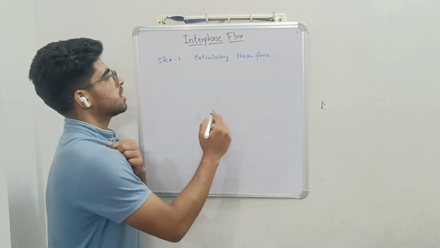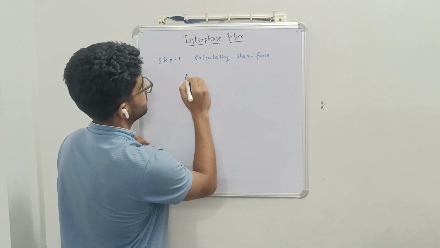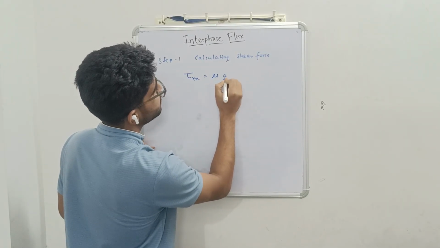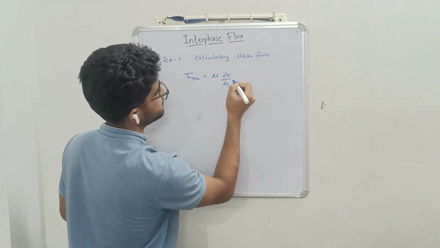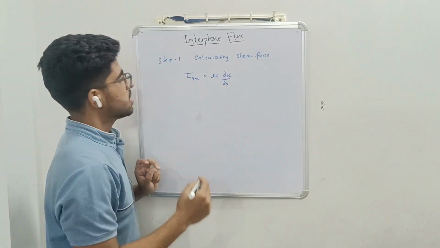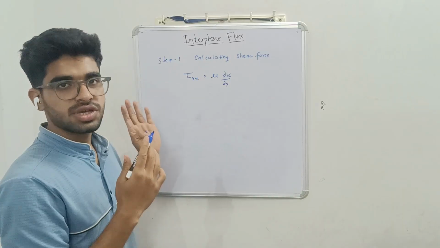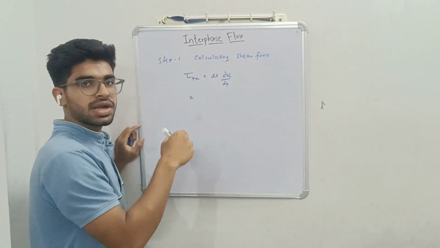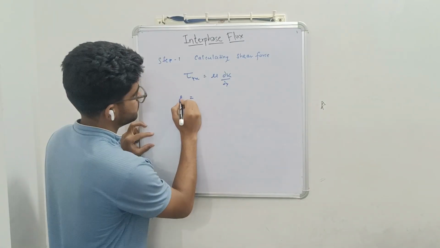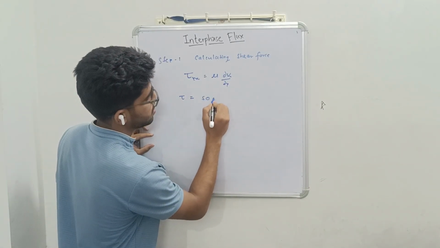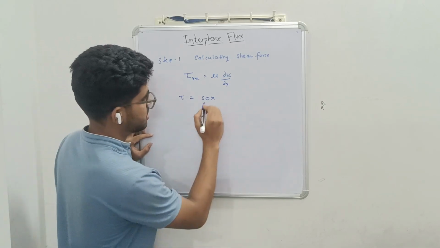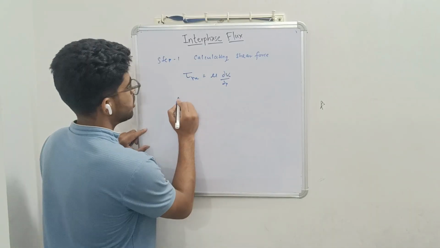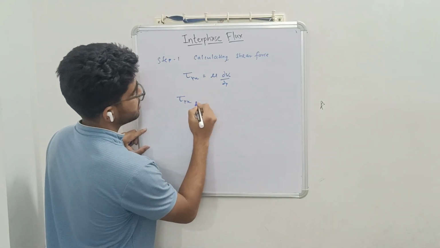So tau yx equals mu dv upon dy. This is our basic formula. Now we are putting in the values, taking them from the given data.